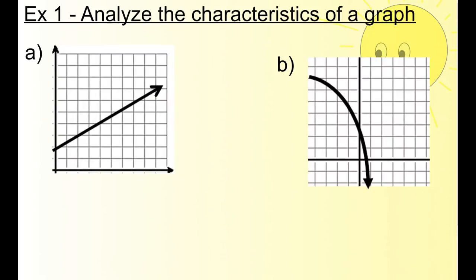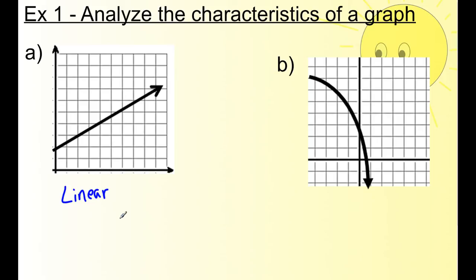So here we have two functions. And by the way, everything we're going to see today is a function. We want to identify what is special about letter A. So this graph is, well, is it linear or nonlinear? Clearly, this guy is linear. It's a straight line. And once we know that it's linear, we can say, well, is it increasing?